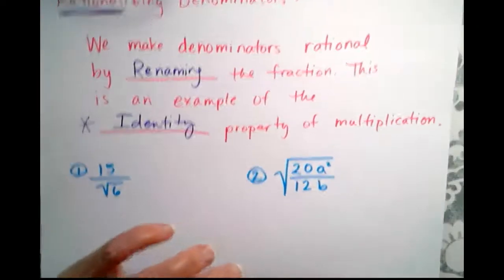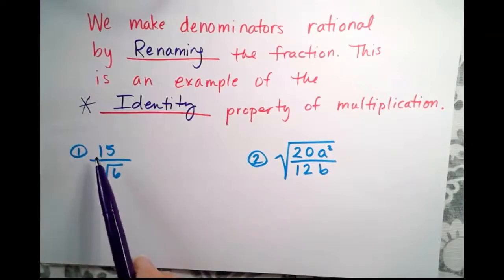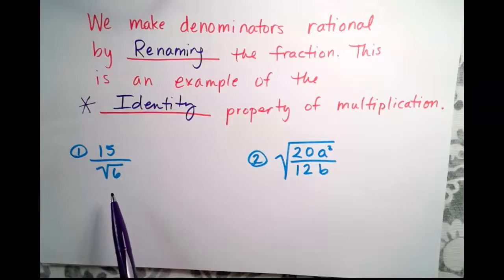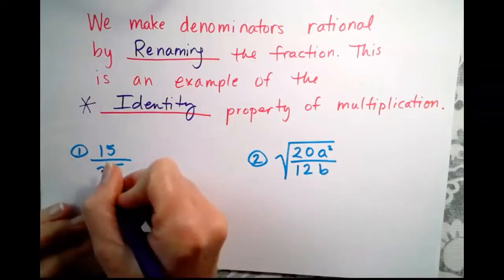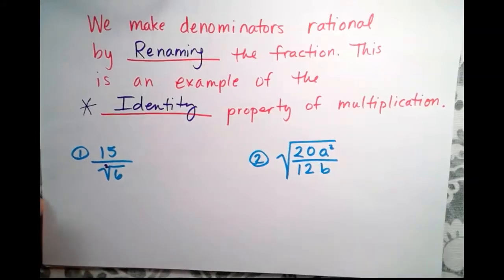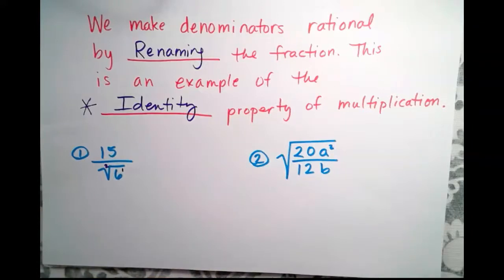So, rationalizing denominators. So here goes. We've got 15 over the square root of 6. Remember, this is an index of 2 on the square root. And this is 6 to the first power.